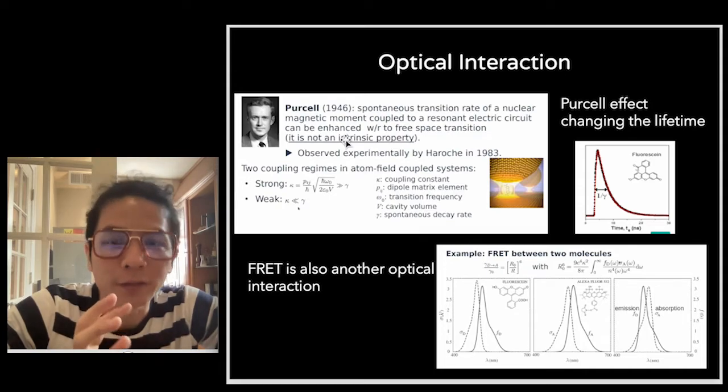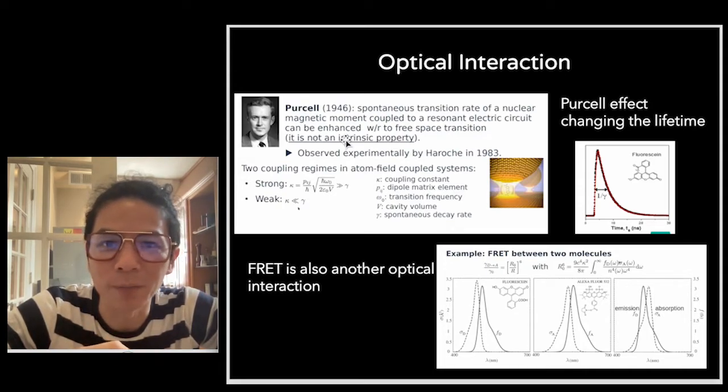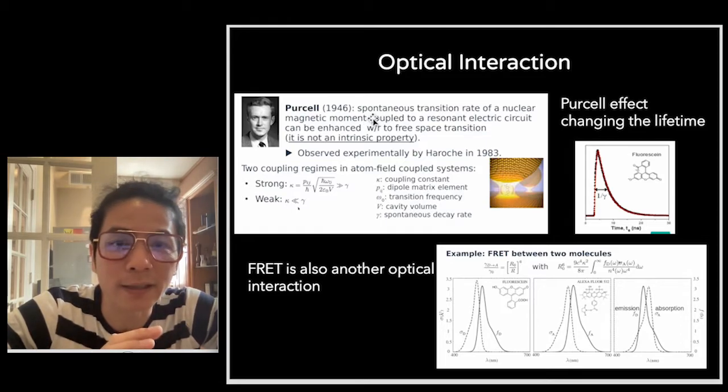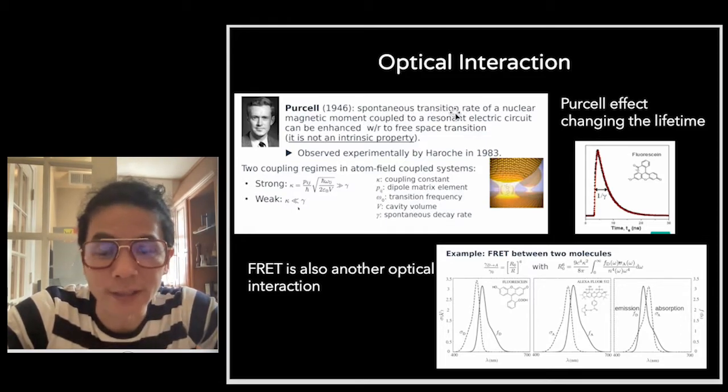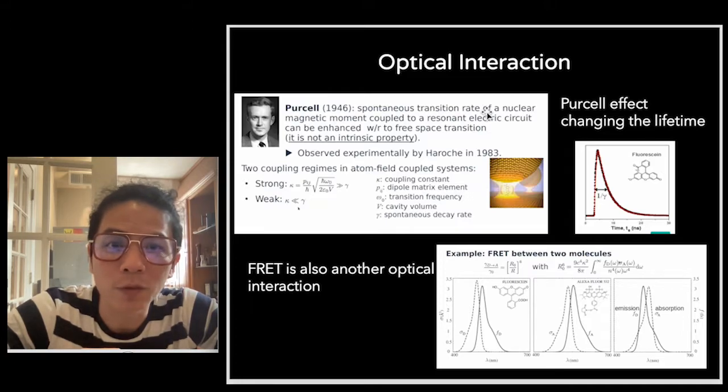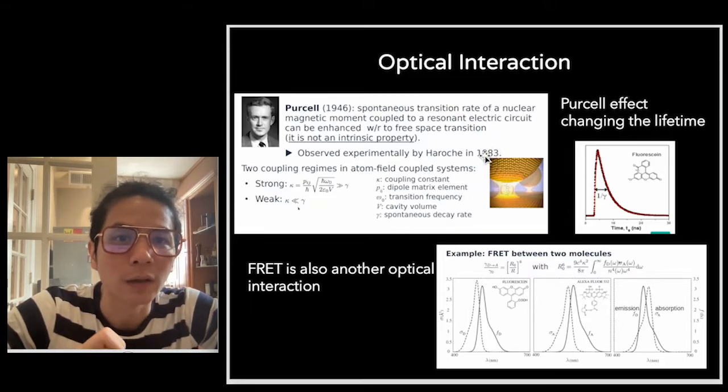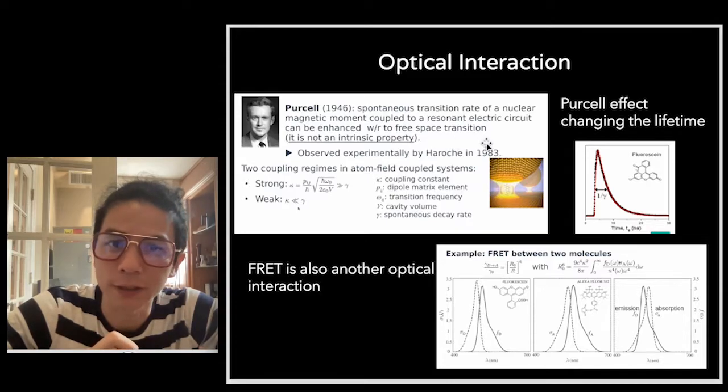And this was discovered by a researcher whose name is Purcell, and the idea is that the spontaneous transition rate of the nuclear magnetic moment coupled to a resonant electronic circuit can be enhanced compared to the free space transition.